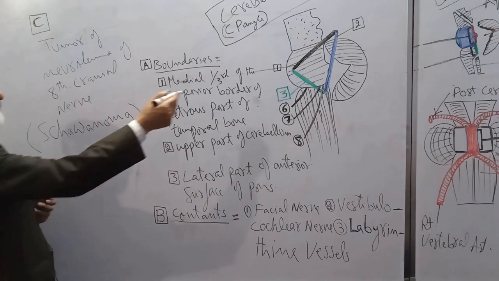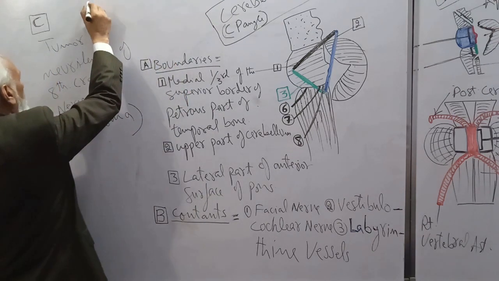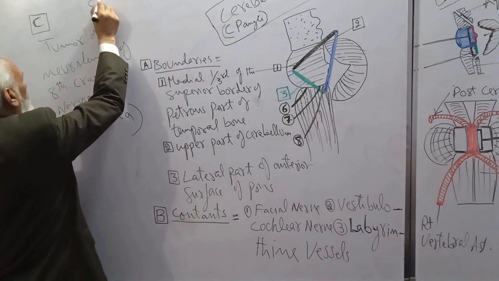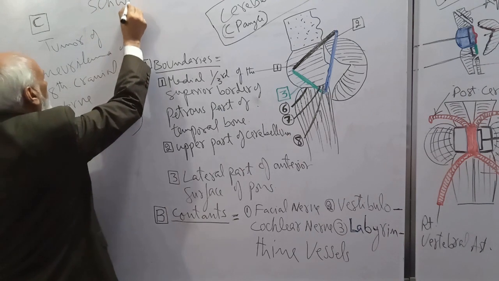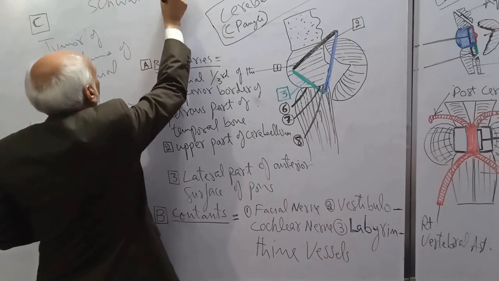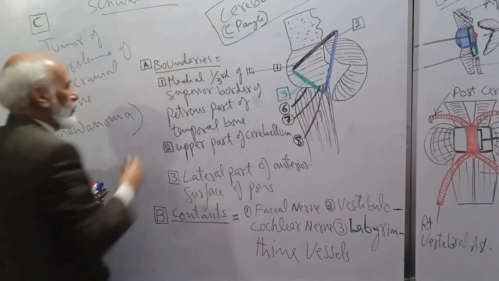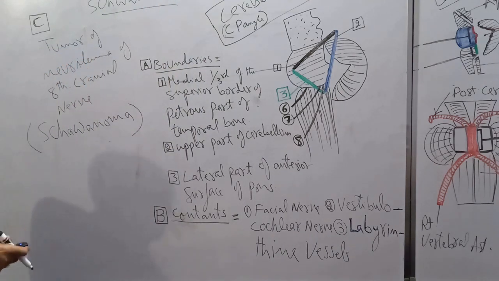You know, the myelination of the peripheral nerve is by cells known as the Schwann cells. Yesterday I told you myelination of the tracts, including the optic nerve, is by oligodendrocytes, and myelination of the rest of the peripheral nerves is by Schwann cells.